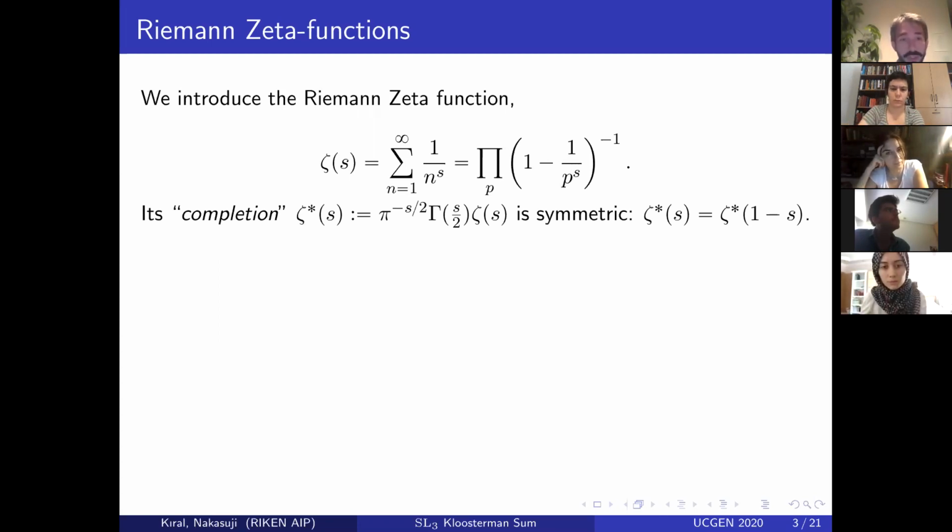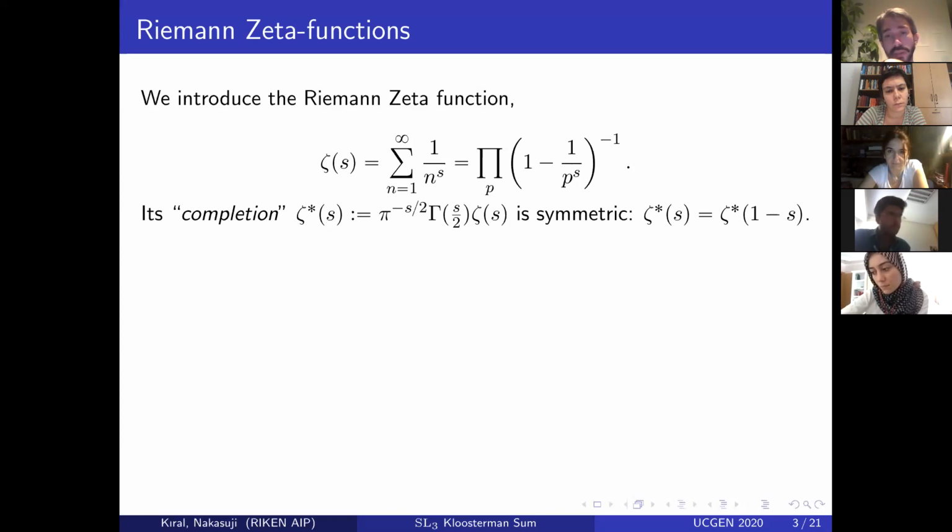it has a so-called completion. The idea here is that the Riemann zeta function is a product over all primes, and there's one prime at infinity. To include that in the Euler product, you include the gamma factor. This is the gamma function you might already be familiar with.